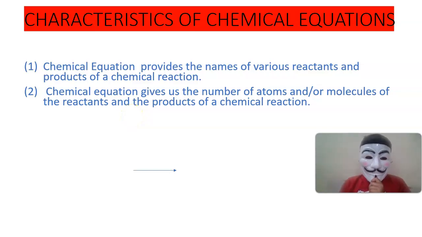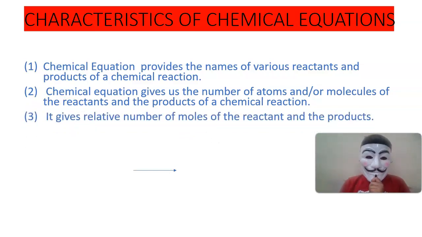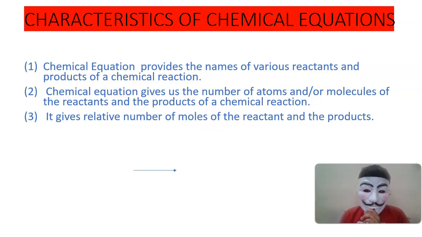Let's go ahead to the third point. It gives the relative number of moles. I just told you earlier about the coefficients; it was actually the moles. It gives the relative number of moles of the reactants and the products.